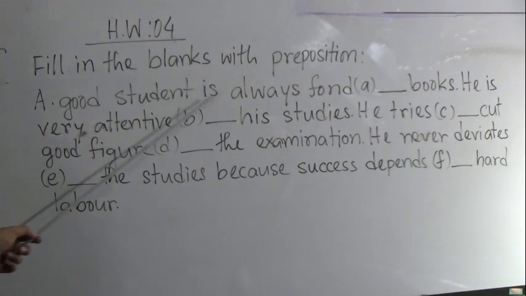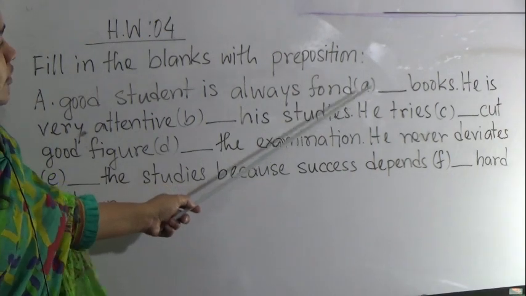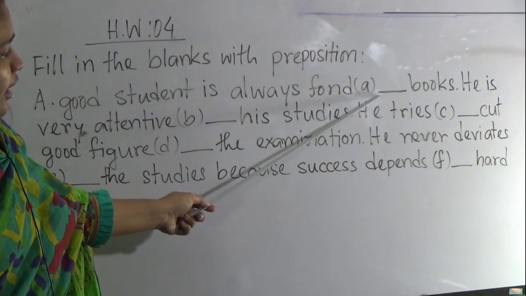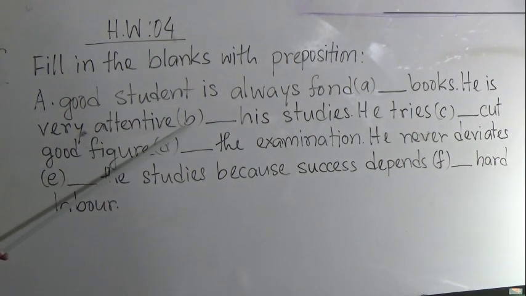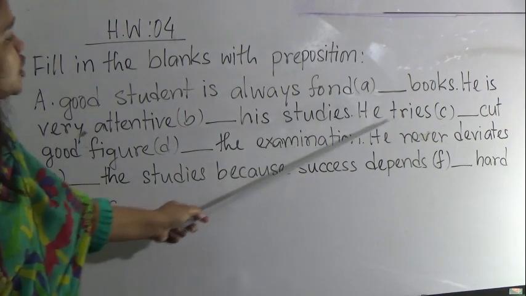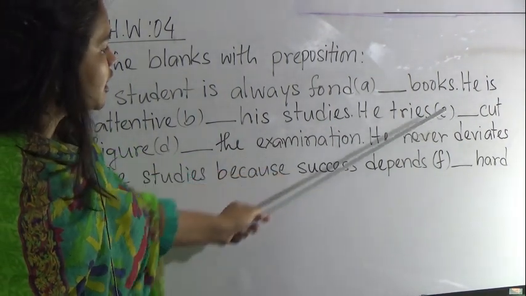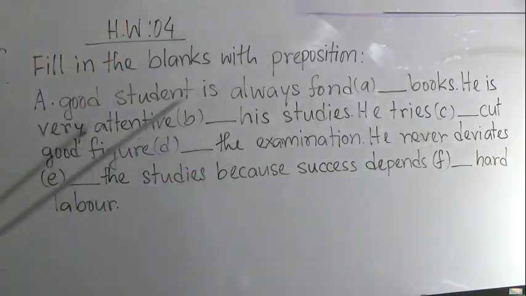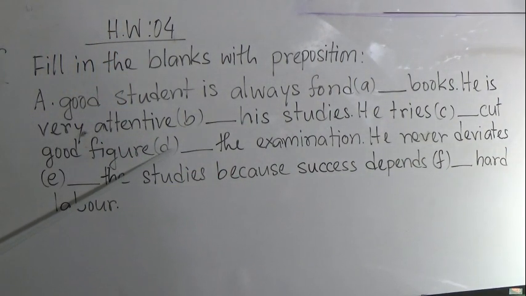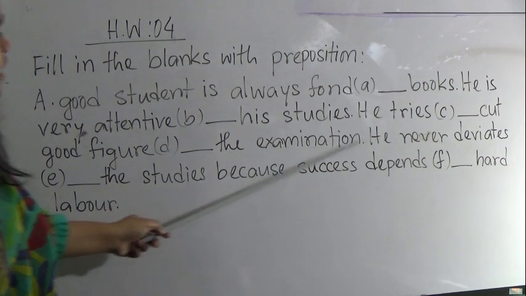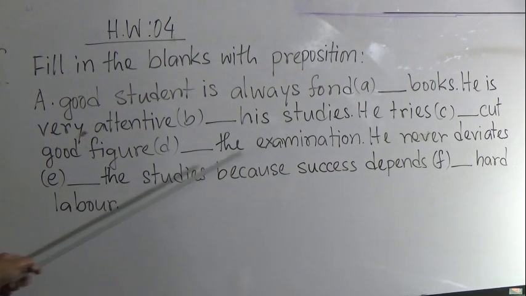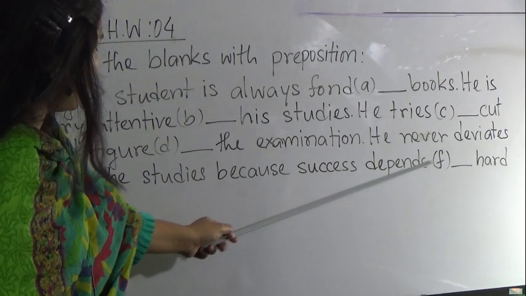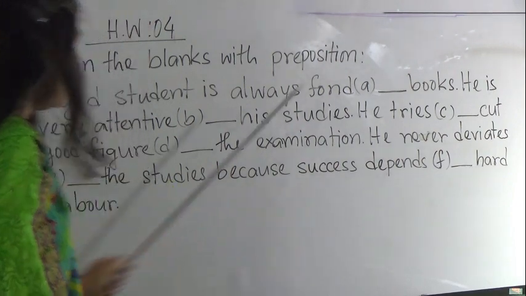A good student is always fond, blank A, books. He is very attentive, blank B, his studies. He tries, blank C, cut a good figure, blank D, the examination. He never deviates, blank E. The student's success depends, blank F, his labor.